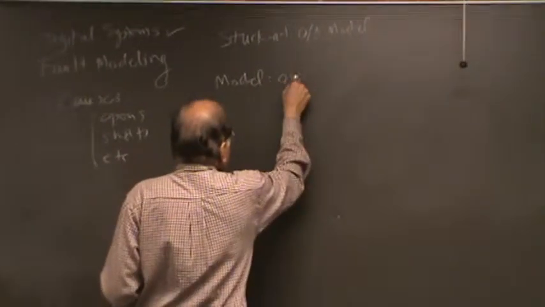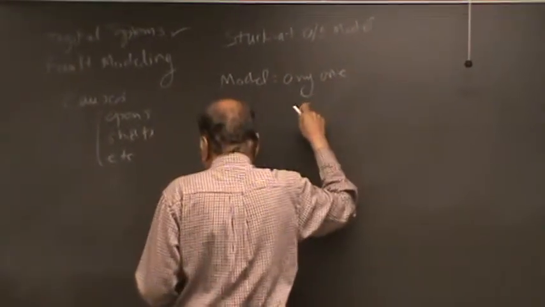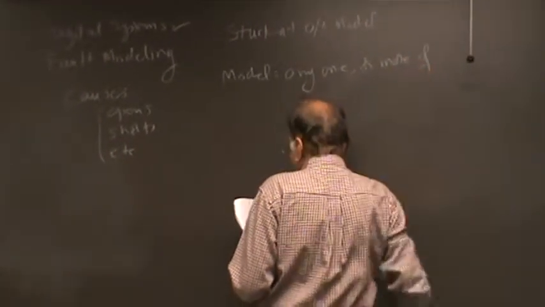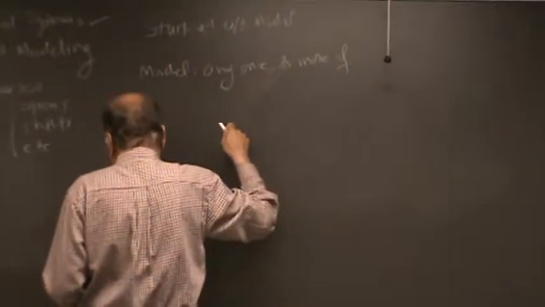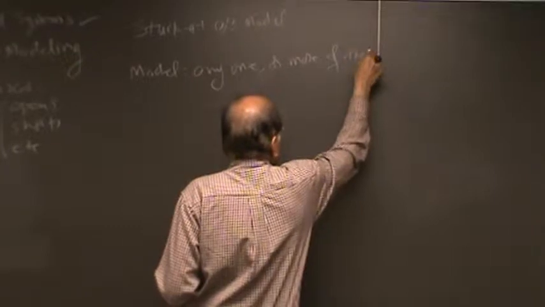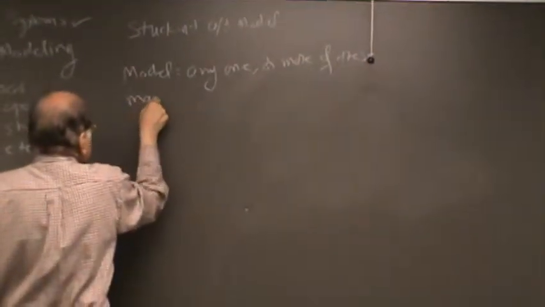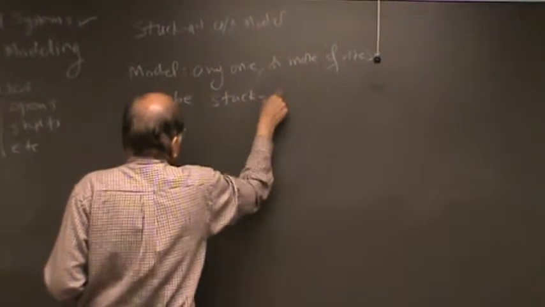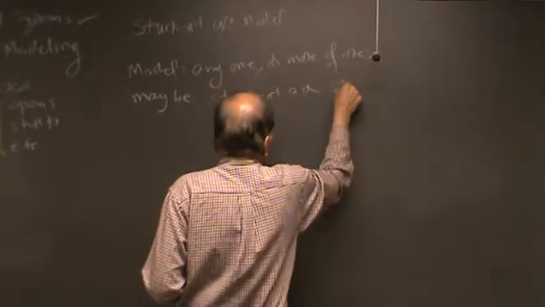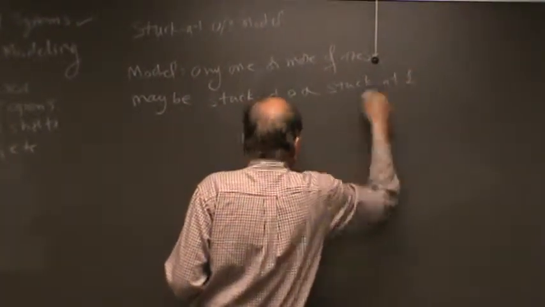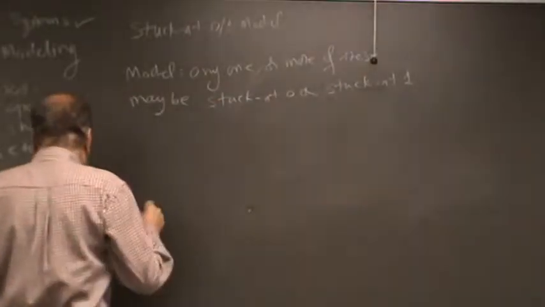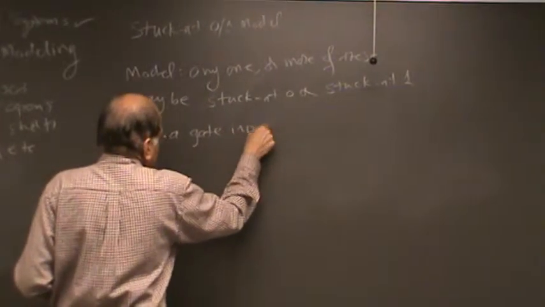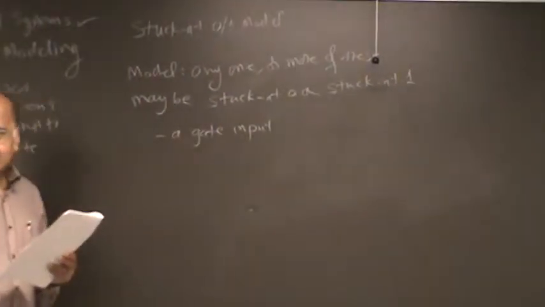The model is that any one or more of these may be stuck at 0 or stuck at 1, and these include a gate input. So we are talking about things at the gate level.